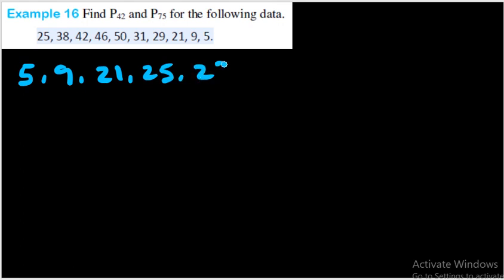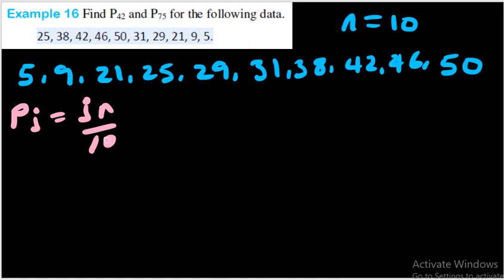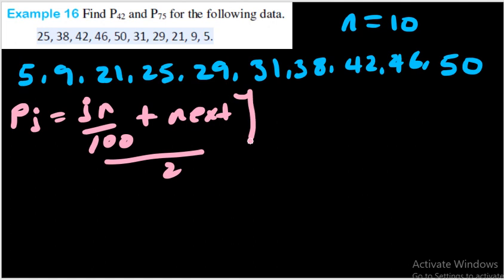Let's arrange it: 5, 9, 21, 25, 29, 31, 38, 42, 46, then 50, so n is equal to 10. The number of data is 10. Therefore, Pj is equal to jn over 100 plus the next one, then divided by 2. That's the formula, where the position is telling us.